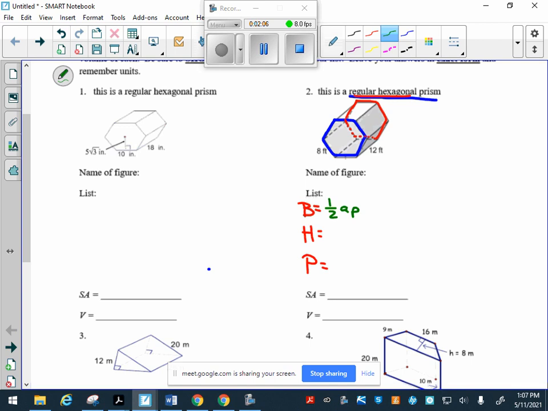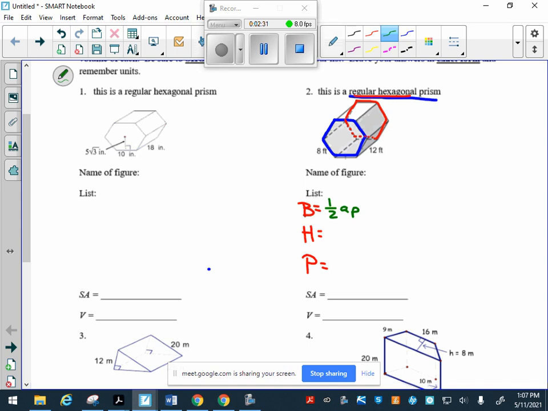Same thing with a prism. This prism, here's one base, here's the other base. The height connects those two bases. Distance between the two bases. If I lay it on its side, this is still the height. So base doesn't mean bottom, and height doesn't mean from the ground up.